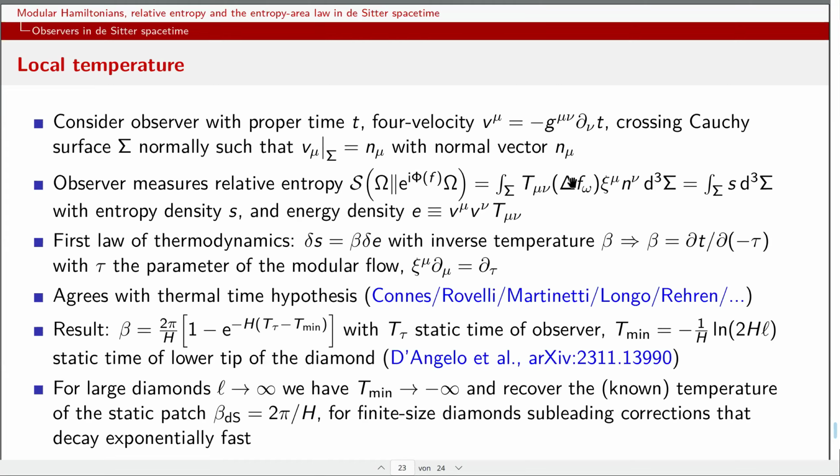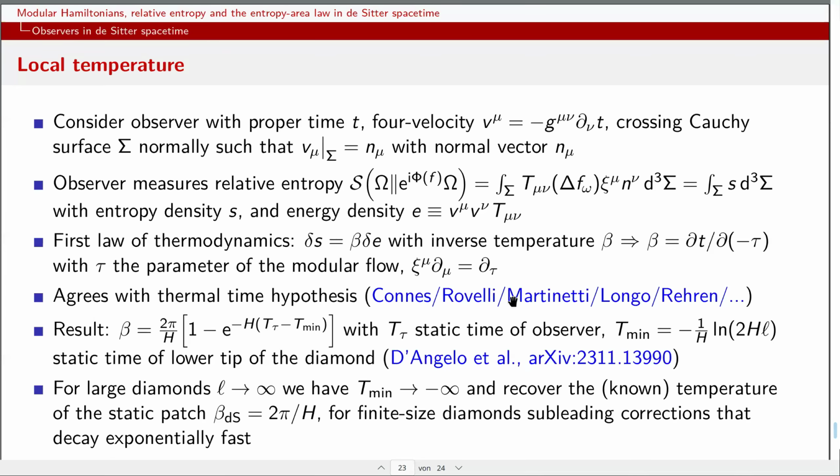Now, comparing the explicit form of the conformal Killing vector with the four-velocity and using the first law of thermodynamics, which tells us that a change in entropy density is equal to beta times the change in energy density with inverse temperature beta, it follows that the inverse temperature beta that the observer really measures when he crosses this Cauchy surface is given by the derivative of the proper time of the observer with respect to the modular flow parameter tau, or the negative one, which is defined by writing the conformal Killing vector as a derivative with respect to tau.